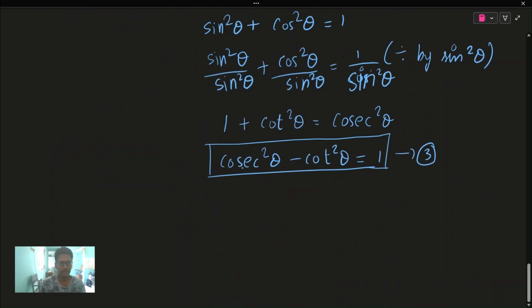And we can deduce whatever we want based on these three equations too.